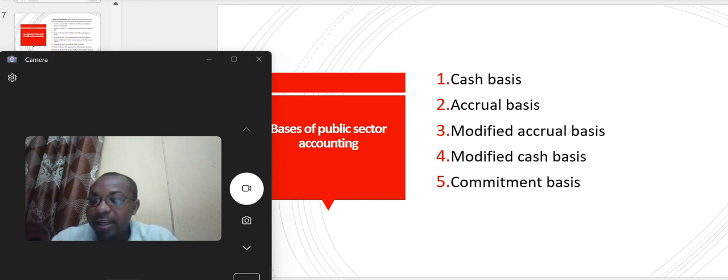If in a year, 2019, the accounting period ends on 31st December, by 31st December you are supposed to close your accounting records.